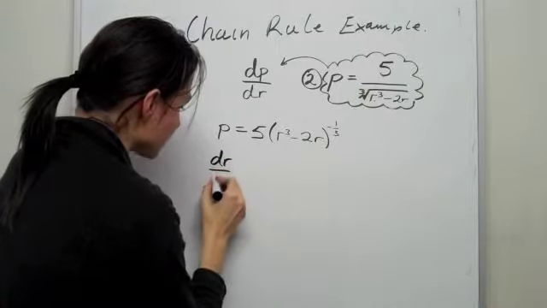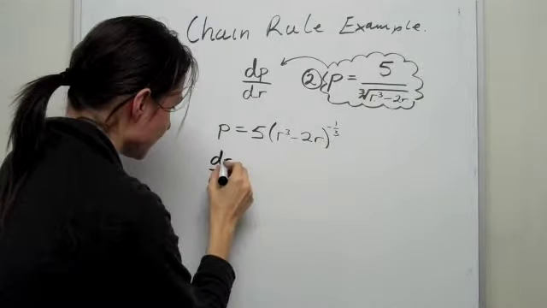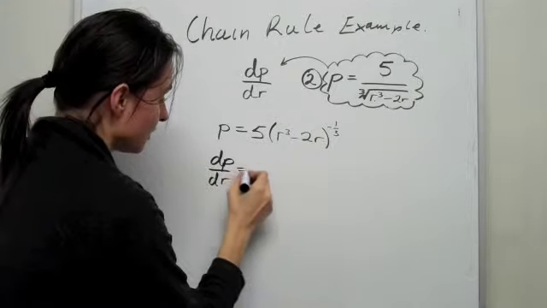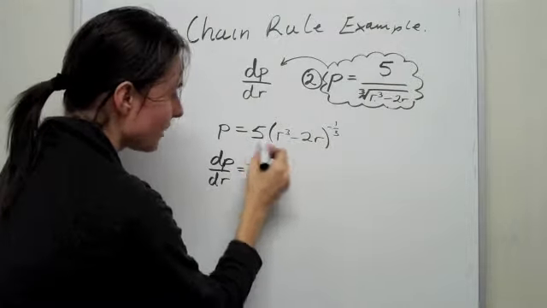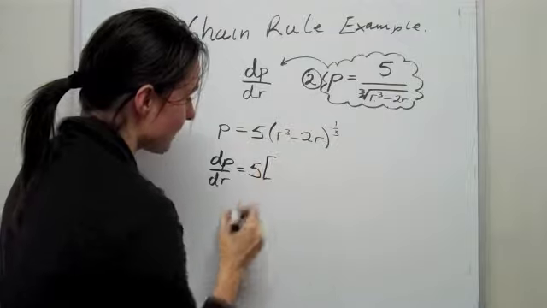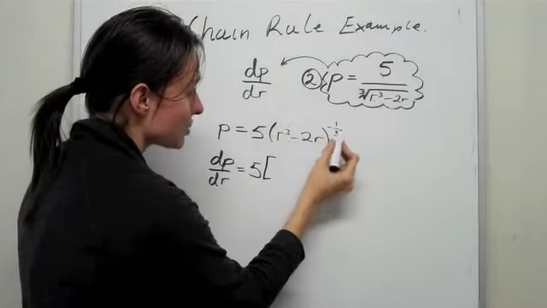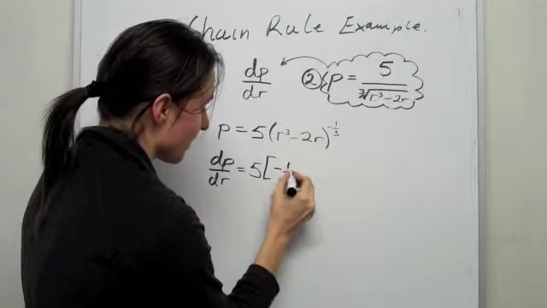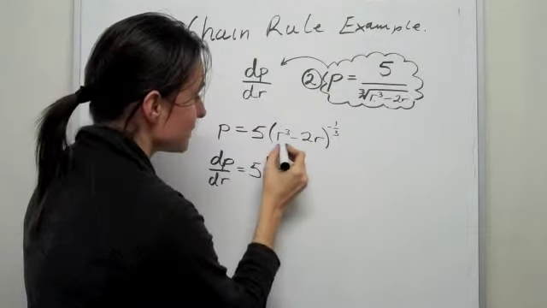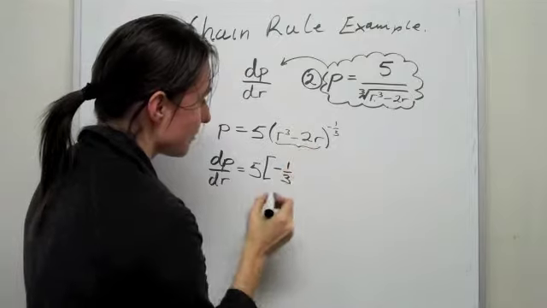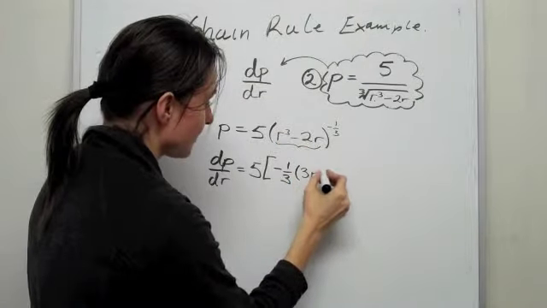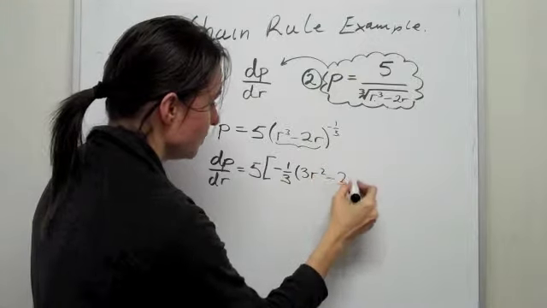Now I'm going to use the shortcut method in this particular case. So that's going to be dp over dr. I'm just going to leave 5 on the outside, I don't care much about it. Now this shortcut method says that you just take this power downwards, so I'm going to make it minus a third. Differentiate the contents within that bracket, so it's going to become 3r squared minus 2.